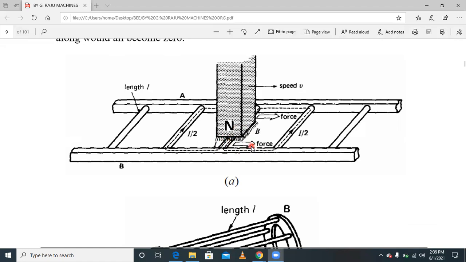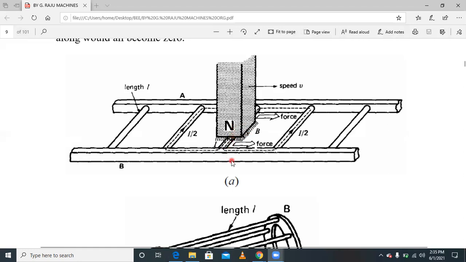If the relative speed is 0, that means the stator magnetic field, the permanent magnet, is rotating at 1000 rpm, and the rotor is also rotating at 1000. What is the relative speed between these two? 0. That's why there is no magnetic flux density change; the magnetic flux is not cutting the rotor.